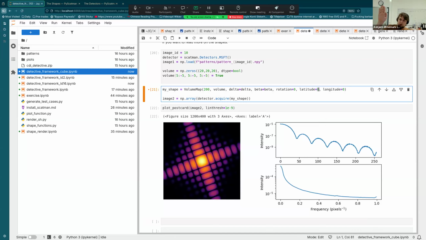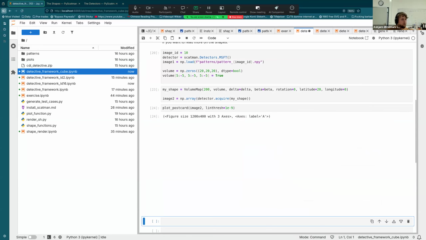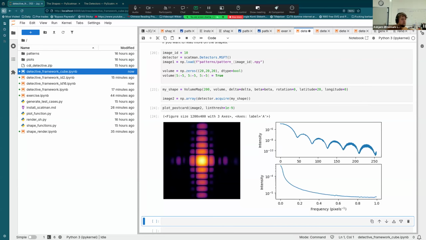So now if we try the latitude, we will be tilting the cube forward, I guess. 20 degrees. Let's see. Huh. Yeah, it makes sense that in one direction, forward, let's say. Yes. So the vertical streak comes from the fact that the left and right faces are still parallel.